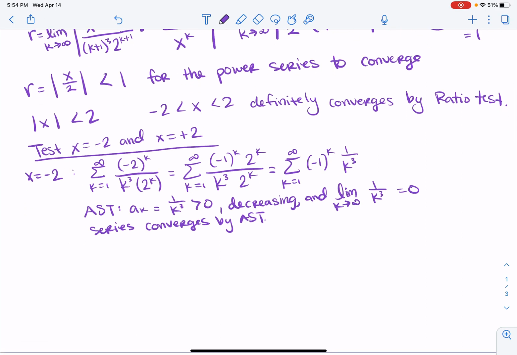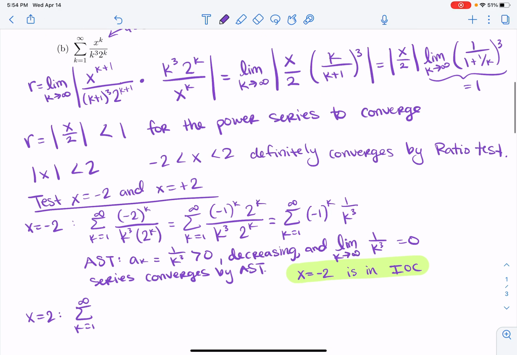Okay, so x equals minus 2 is in the interval of convergence. And I'm just going to highlight that so that we remember that that's an important result. What about when x equals 2? Now we have the sum from k equals 1 to infinity of 2 to the k divided by k cubed times 2 to the k.